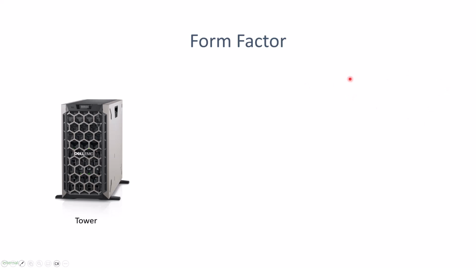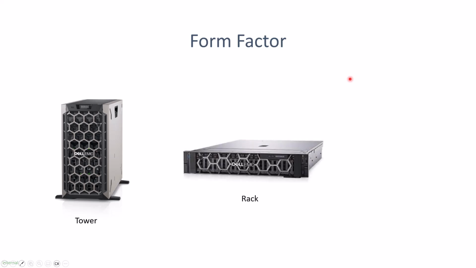So that's not ideal. So the form factor we use for larger organizations is a rack server, this pizza box shape. Now you can have all the same components, those fundamental components of processor.